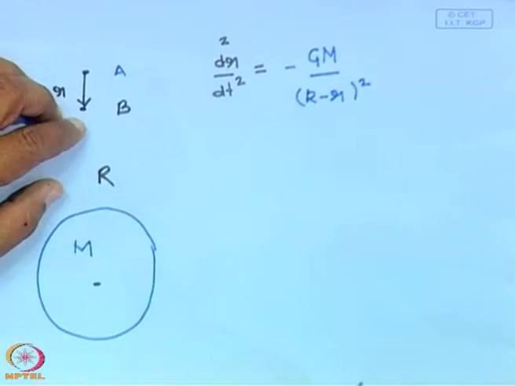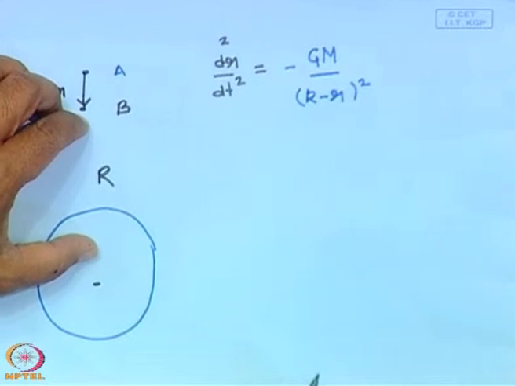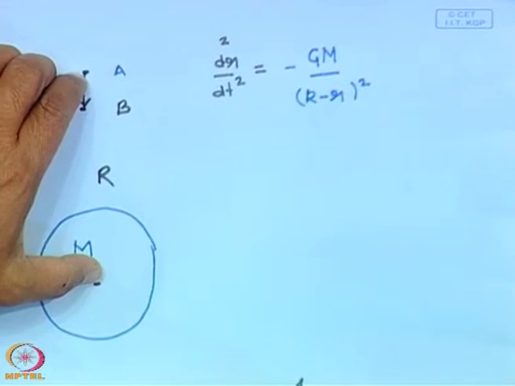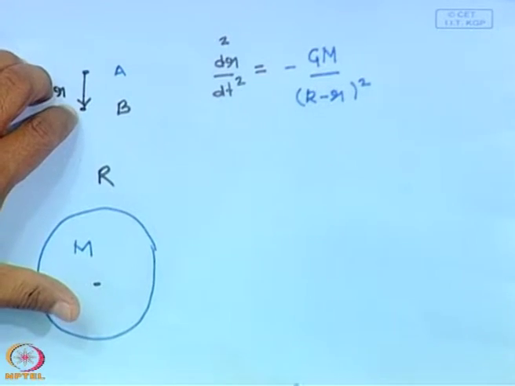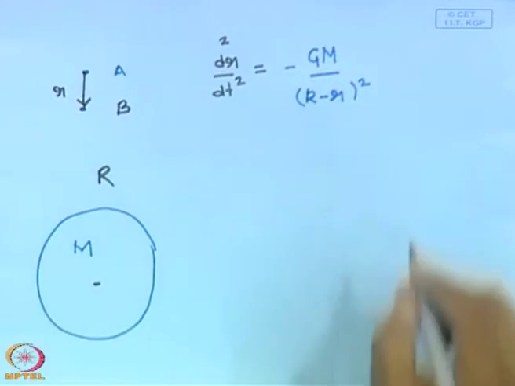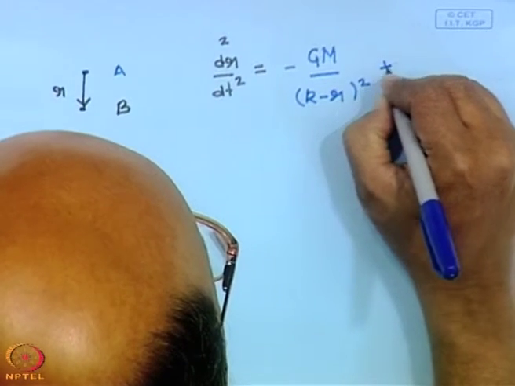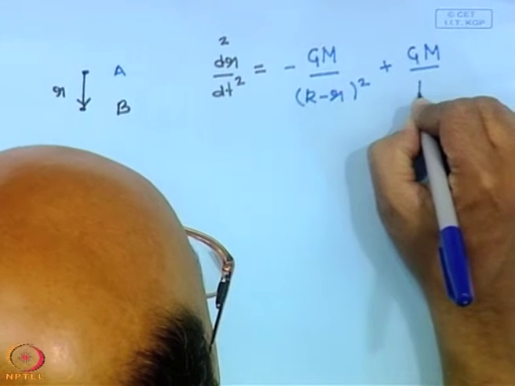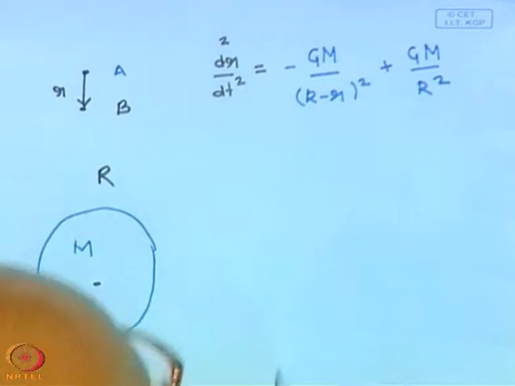That is the acceleration of B with respect to this, and I have to subtract out the acceleration of A because my observer is sitting on A. Sitting on A, what is the acceleration I see for B? So, if I subtract this out, I will have to add plus Gm by R square.